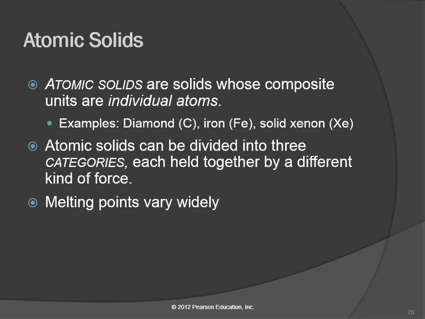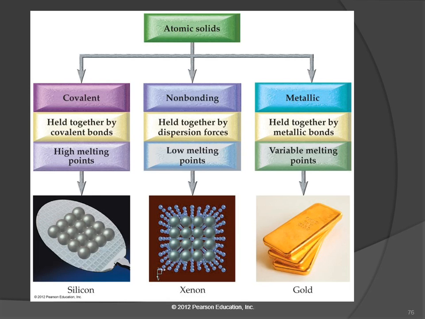And then atomic solids get divided into three more categories based on how the particles are held together. There's covalent, non-bonding, and metallic. In a covalent atomic solid, this is something like silicon or a diamond.